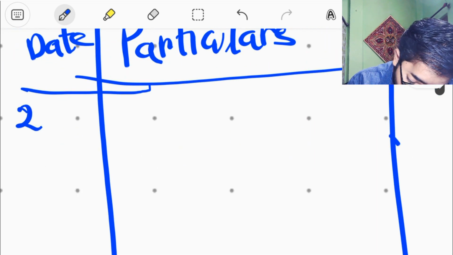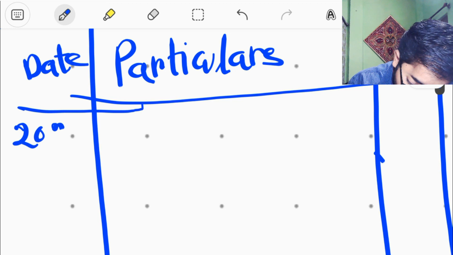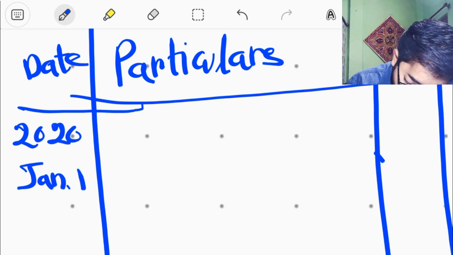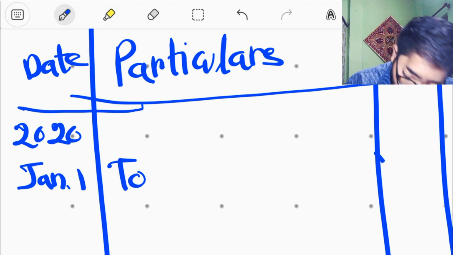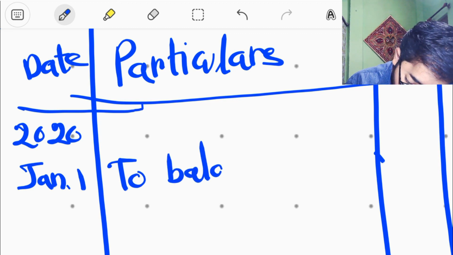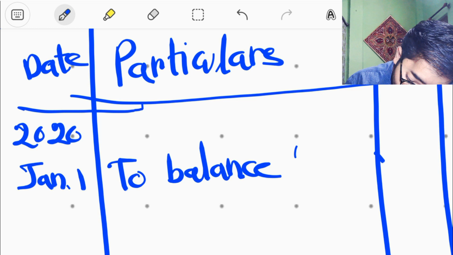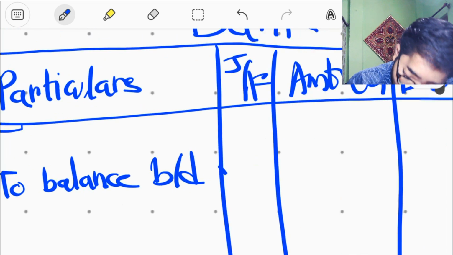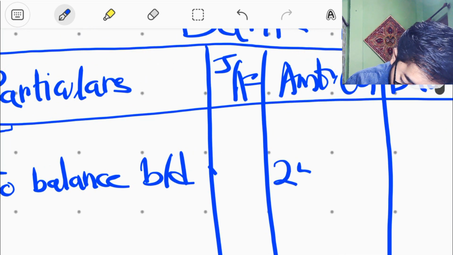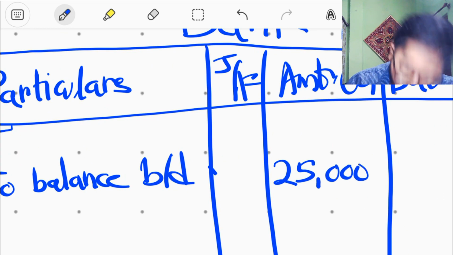Next, here 2020 January 1 to balance BD 25,000.